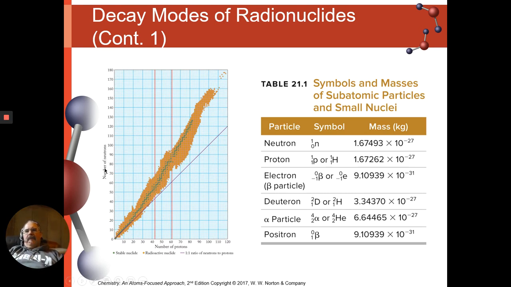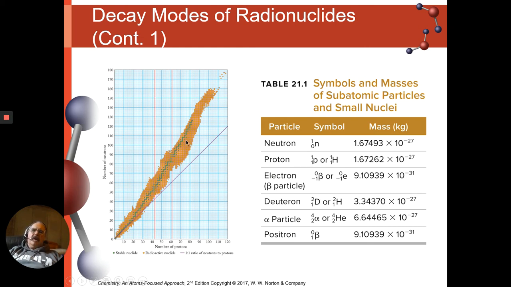Here we have a graph of the number of neutrons versus the number of protons. And this shaded area is what's called the belt of stability. So these are the stable isotopes. For light elements, this happens when the ratio is about 1 to 1.